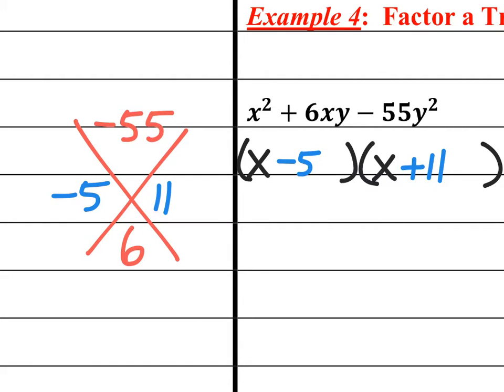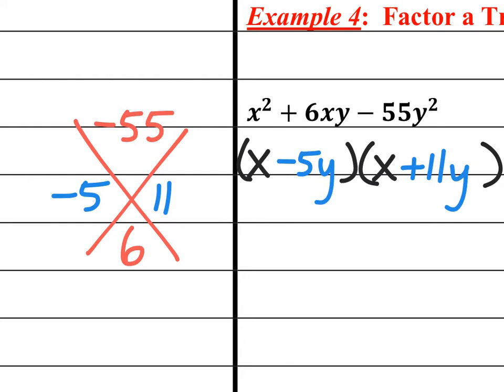Catherine, what do you think? You have to add in y. Where should I put the y's? I think there's one y in each. Okay, should I put the y with the x or should I put the y with the numbers? The numbers.